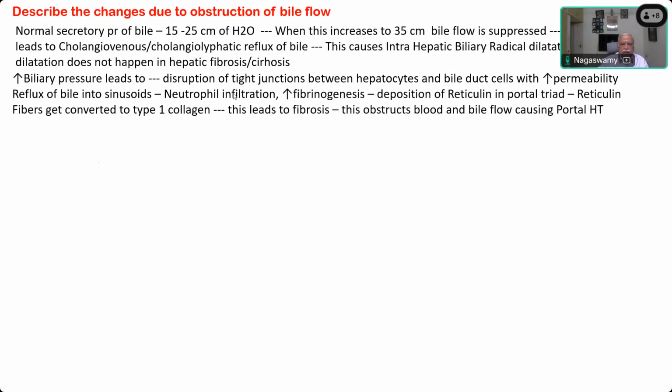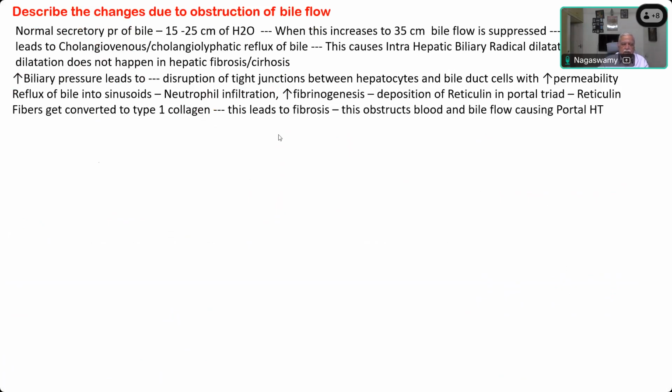So long-standing jaundice initially may not have portal hypertension, but if it is not treated in time, it will ultimately lead to portal hypertension because of the stimulation of reticulin fibers, which get converted to collagen, leading to fibrosis.